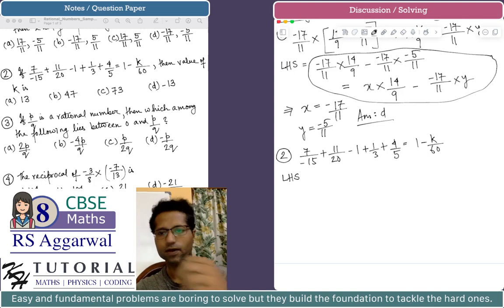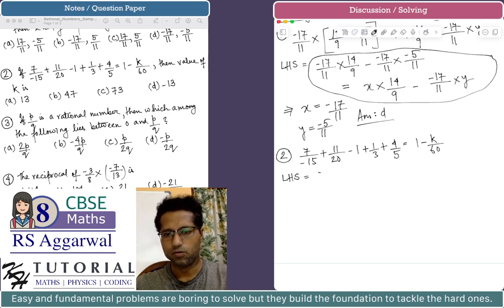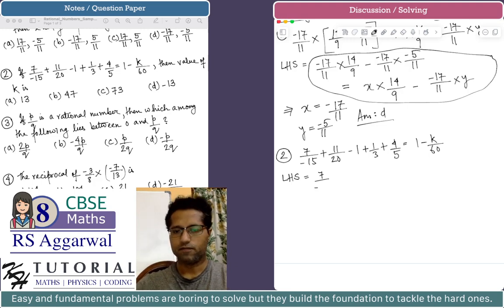So first I will evaluate the left hand side. While simplifying the left hand side, I will group those rational numbers whose denominators have a common divisor which is not equal to 1. I cannot consider 3 and 20. I cannot consider 3 and 15. First of all, you have to convert all the rational numbers to standard form, at least make the denominators positive.